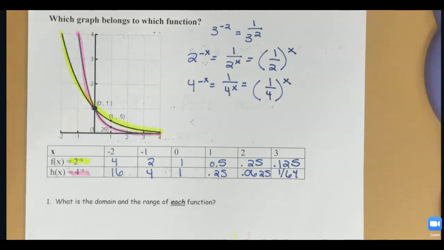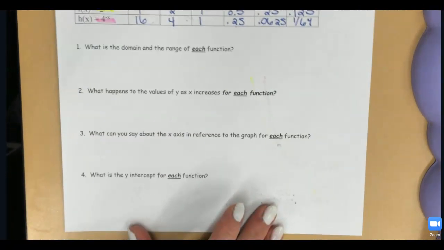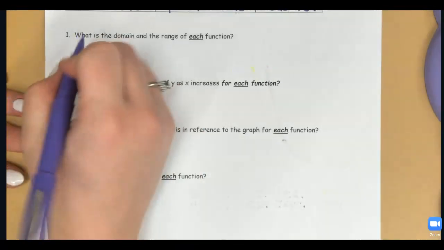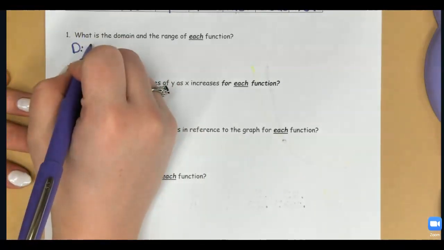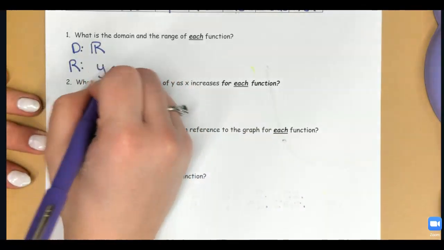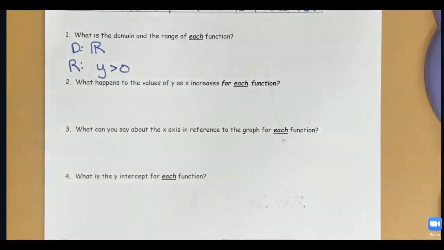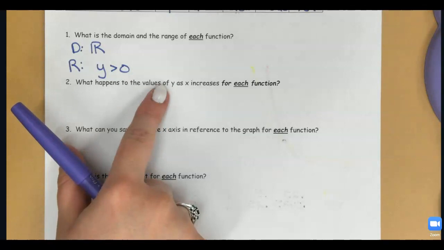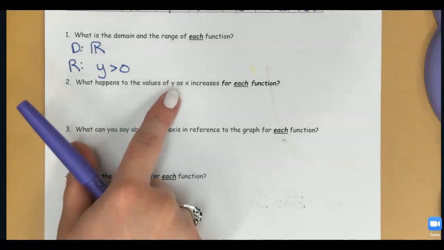Now let's talk about what we can summarize from these functions. What was the domain for all 4 of our graphs? The domain for all 4 was all real numbers, and my range was that y was greater than 0. It did not equal 0, and it did not go negative. Now what happened to the value of y as x increased? So what happened to our outputs as our x increased?